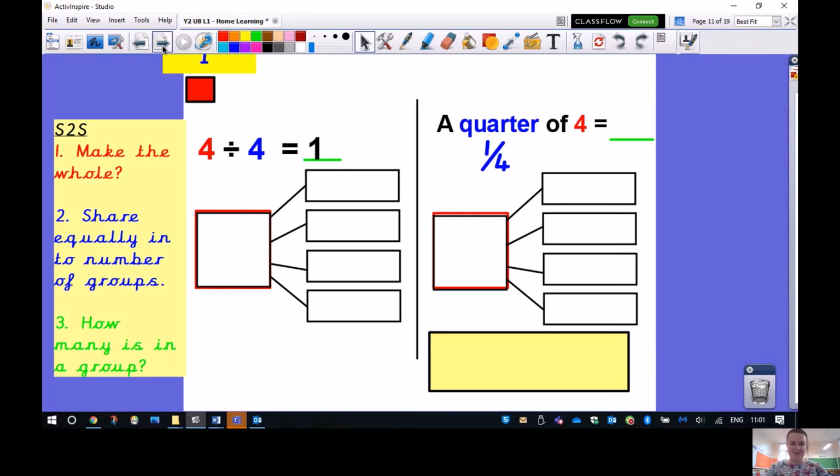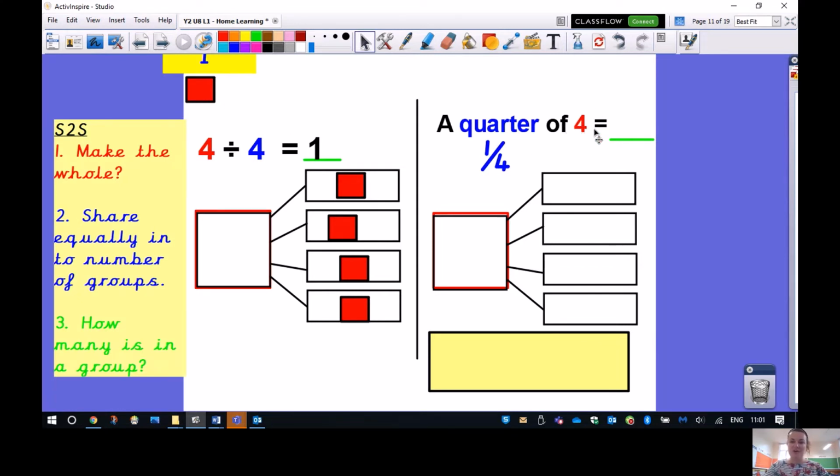Let's do it together. Same steps. 4 divided by 4 equals 1. 1, 2, 3, 4. Sharing them out. 1, 1, 1, 1. My whole was 4. I shared it into 4 groups, and now I have 1 in each group.